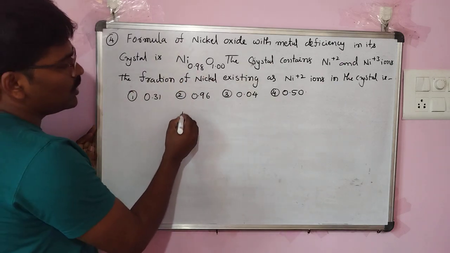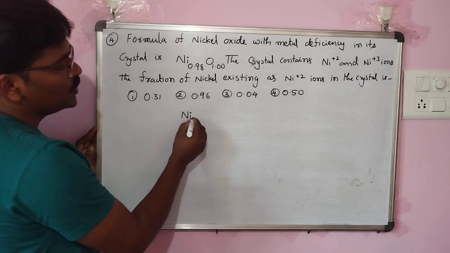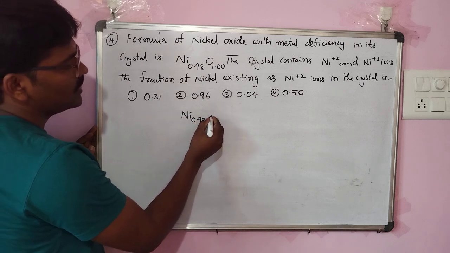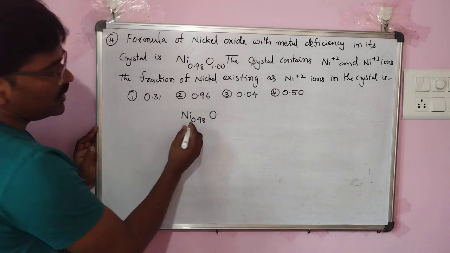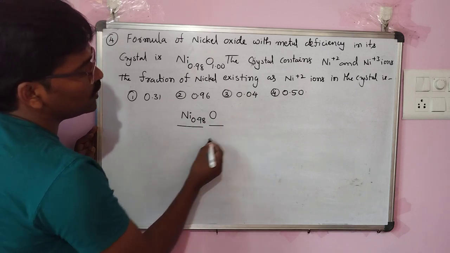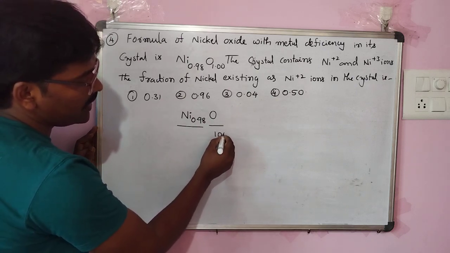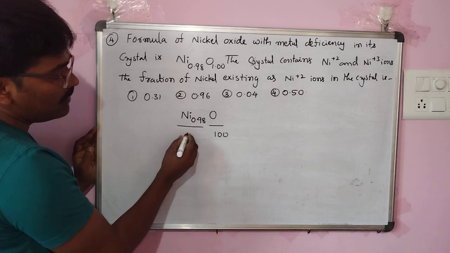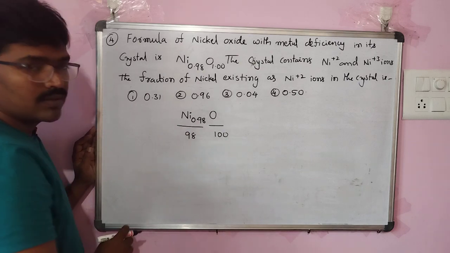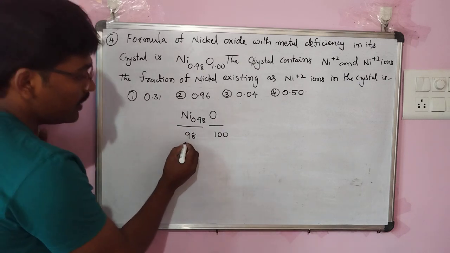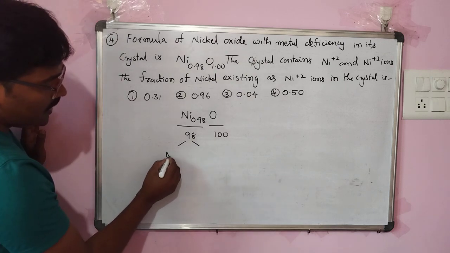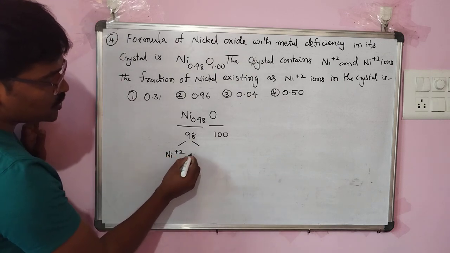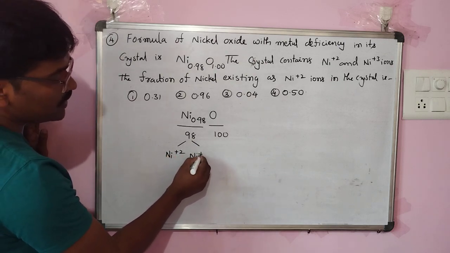First you have to take the formula Ni 0.98 oxygen. Say oxygen has 100 atoms, then nickel has 98 atoms. In the 98 atoms, Ni is present in the +2 state and also in the +3 state.